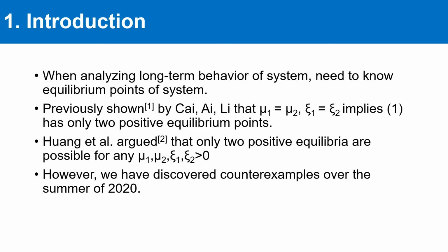So when understanding the long-term behavior of systems such as these, it is critical to know the equilibrium points, or the points where the derivative is 0 for all t of the system.